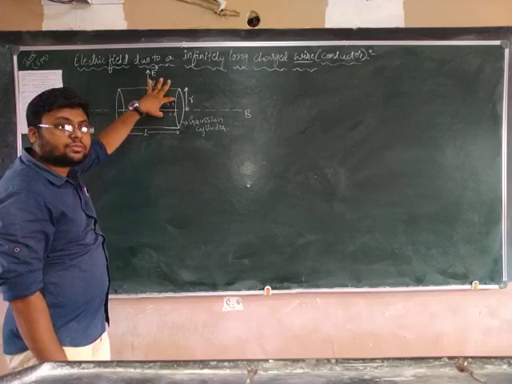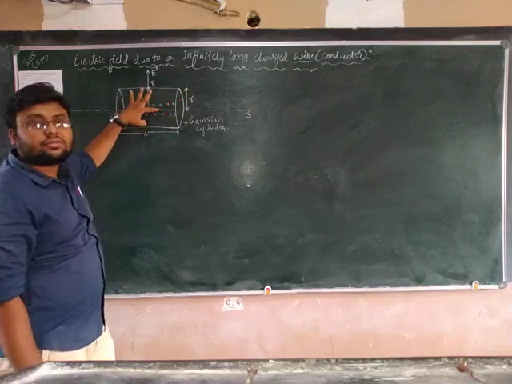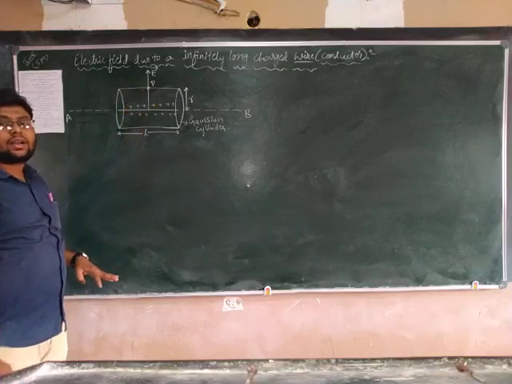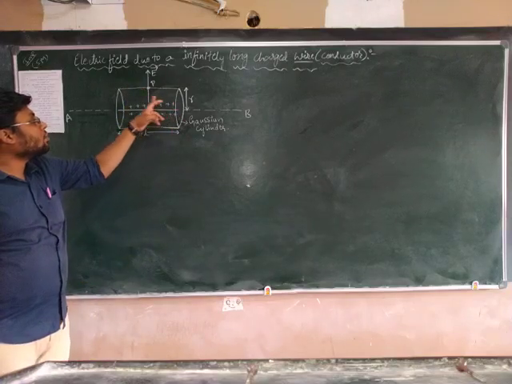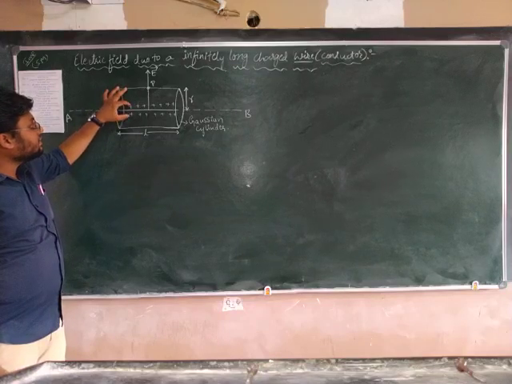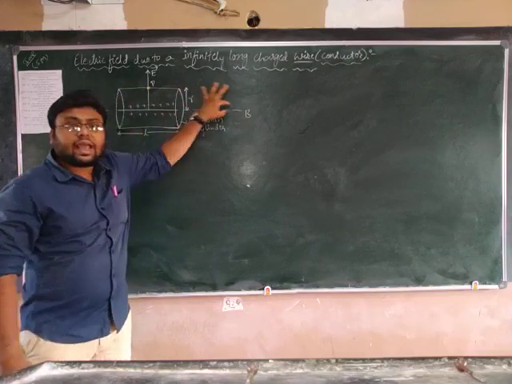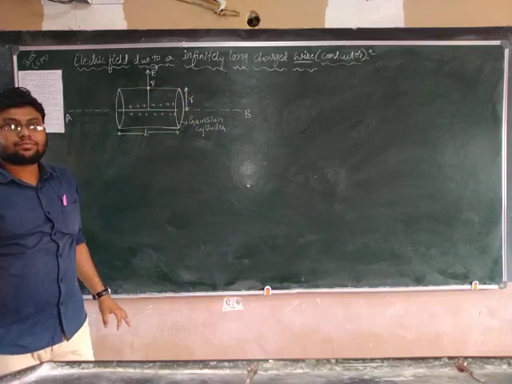Plus charges, right? These are the charges accumulated on the surface of the charged wire. I have indicated them in this part only, not in this part, but these charges are continuously distributed over the whole area of this wire.